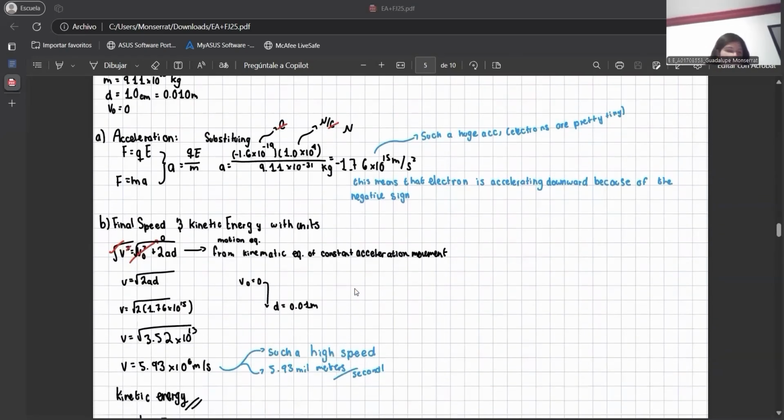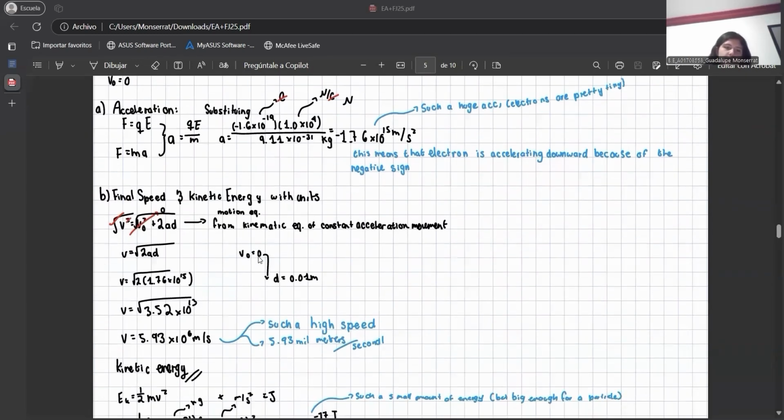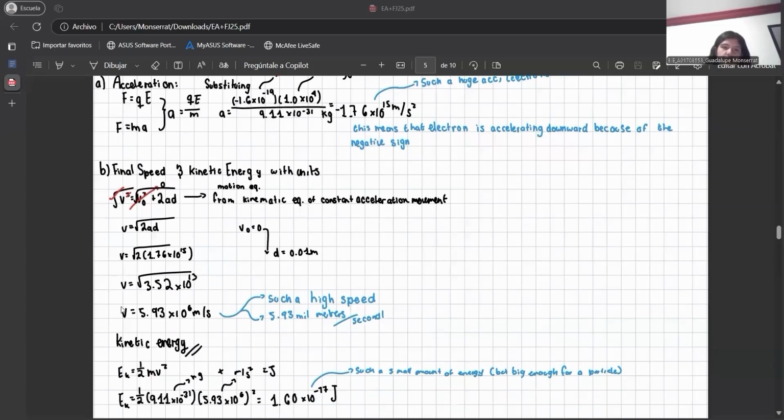Then we have the final speed and kinetic energy with units. Using kinematics, the motion equation, we determine the final velocity, which is this one. It's such a high speed.